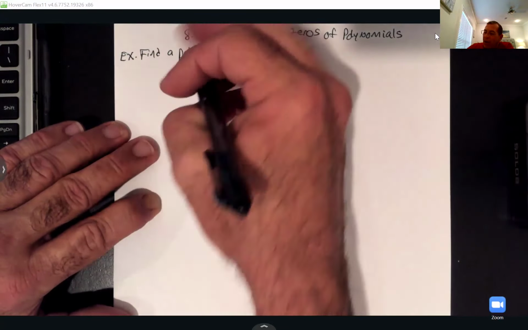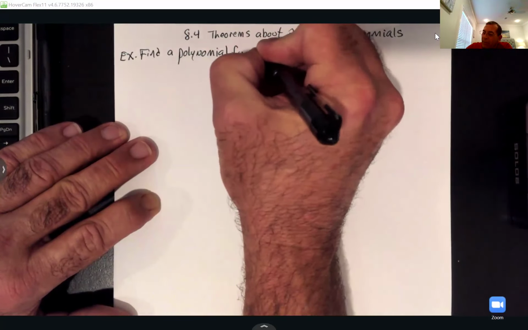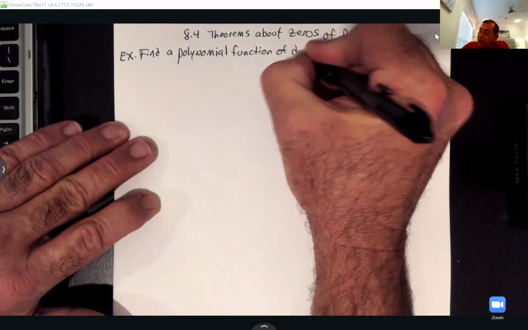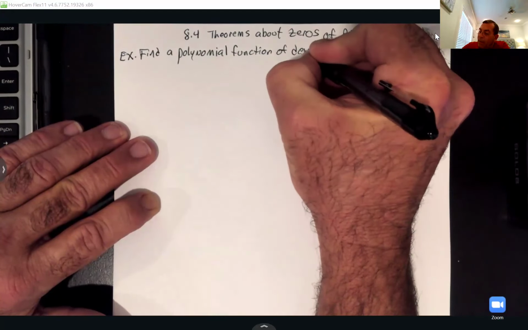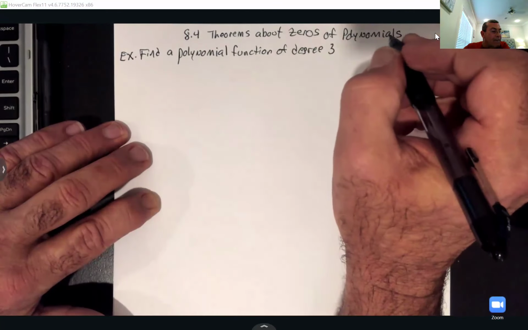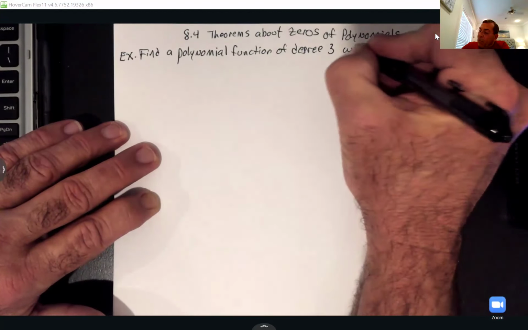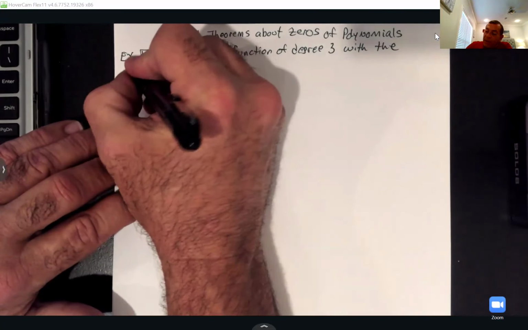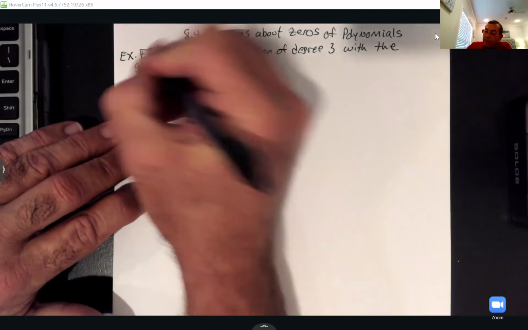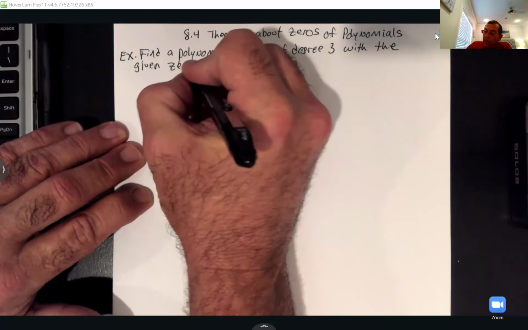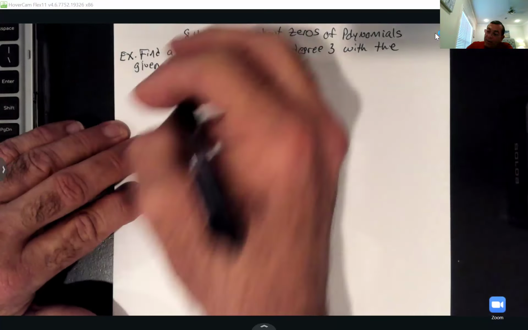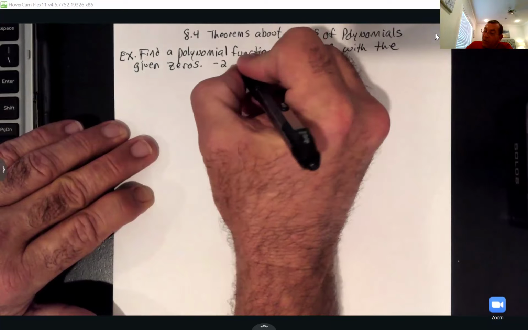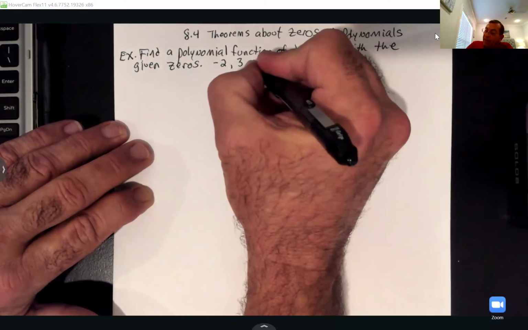So find the polynomial function of degree 3 with the given zeros. All right, so the zeros they're giving me are -2, 3, and -8.